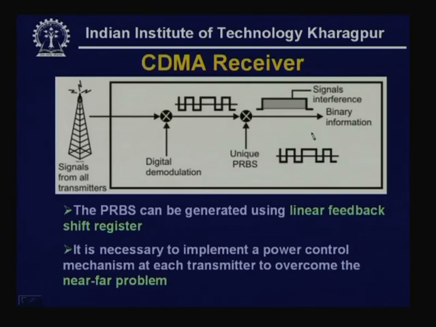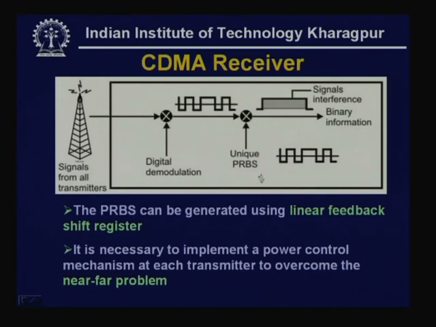After demodulation we get the composite signal, and that is multiplied with the unique pseudo random binary sequence, and we get back the signal. Of course, it will have some noise because of interference and other problems, but you get back the binary information.